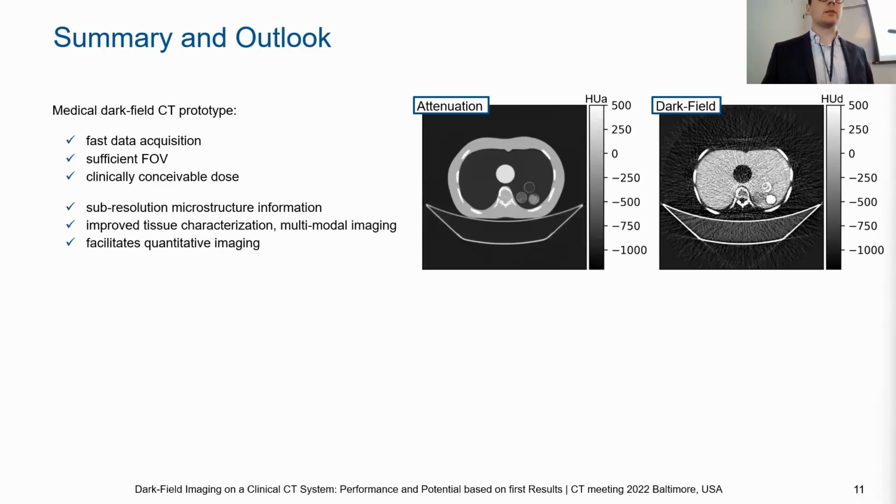Then we can definitely see that we slowly run into the problem that our signal gets quite low because our fringes are already quite attenuated by the attenuation of our object. But if we go to higher voltages, then our visibility decreases, and so does the overall performance of the interferometer. So while our attenuation image would maybe look nicer, the dark field image wouldn't really benefit from that change. Thanks.